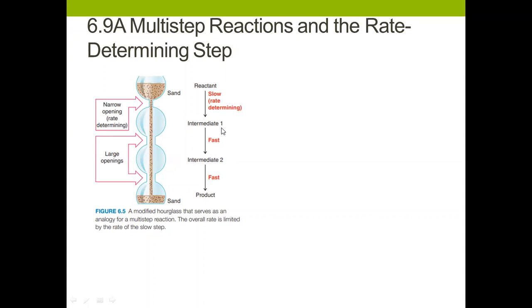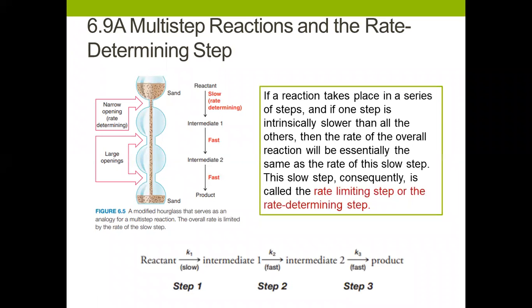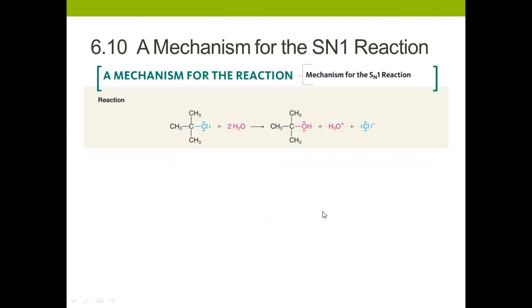This second and third step is fast. Even so, the first step, which is slow, will determine the overall rate of the reaction. Therefore, the first step, the reaction from the original reactant to intermediate species 1, is what we call the rate determining step.